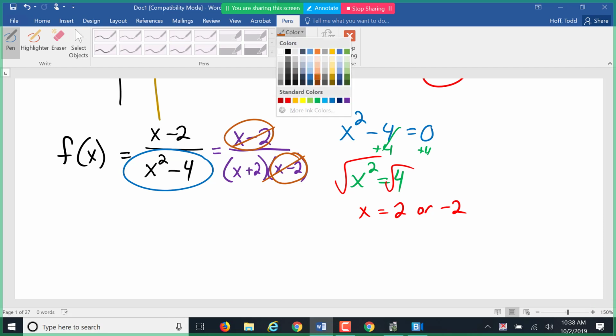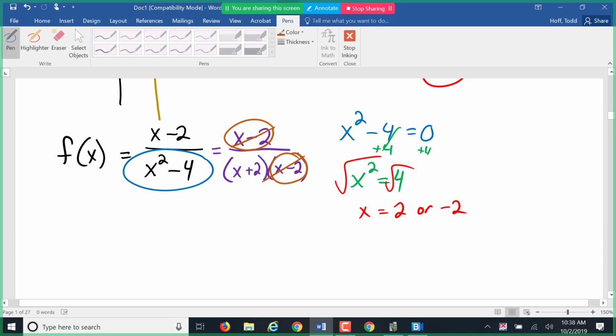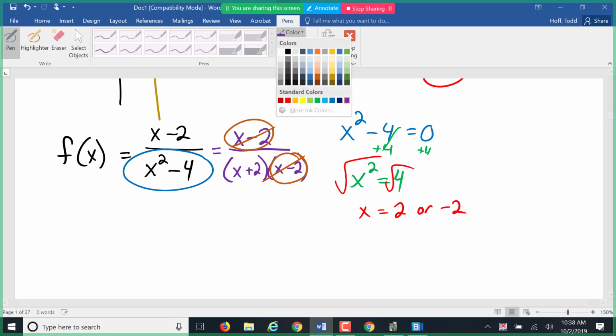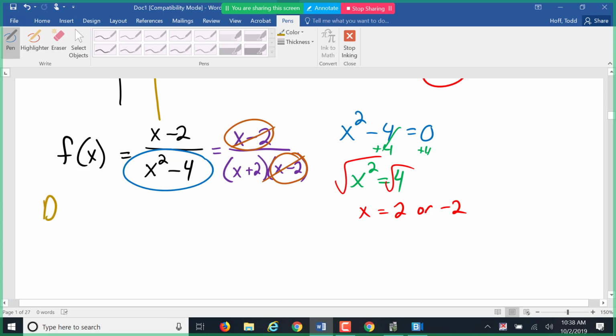So since that one can be canceled out, it is still not in the domain of this function. If I wanted to list the domain of this function, I still have to include both of them. So my domain here still goes from negative infinity to -2, combined with -2 to +2, combined with 2 to positive infinity. Still not in the domain, even though that factor cancels out.